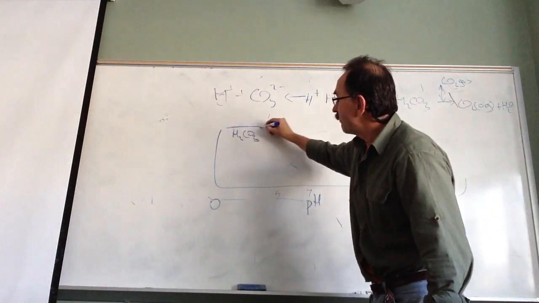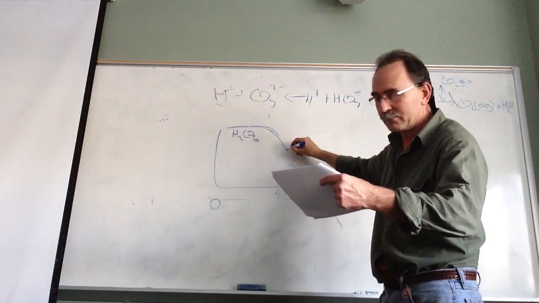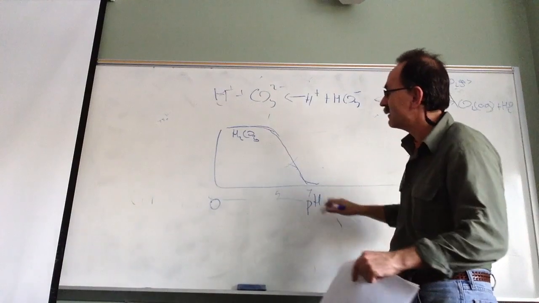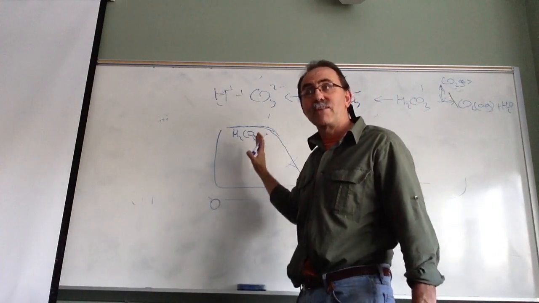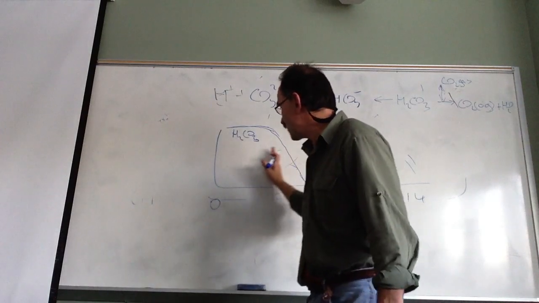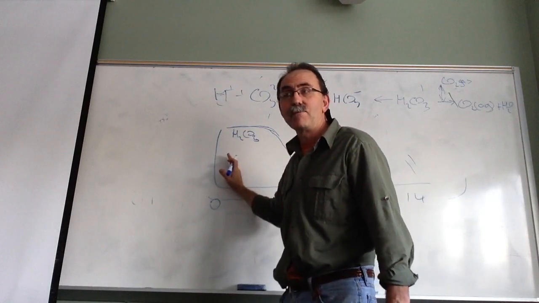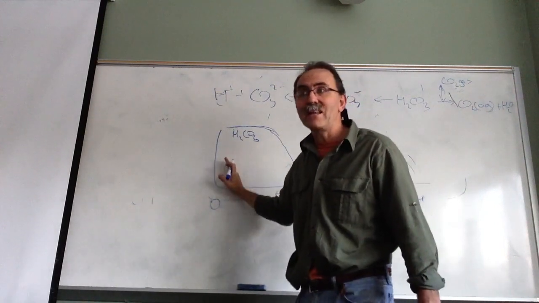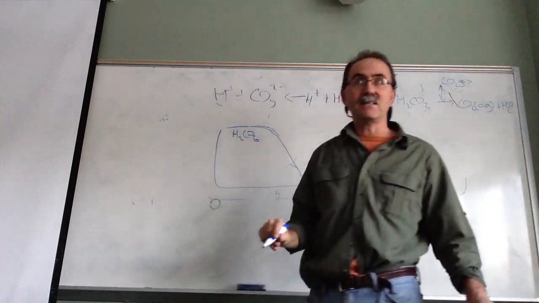So carbonic acid at about 5 is going to drop off to about zilch at about 7 or 8. The inorganic carbon you find in the water at pHs of less than 5, and once you get to a pH of 4 or 3, the majority or all of that inorganic carbon is going to be in the form of carbonic acid.